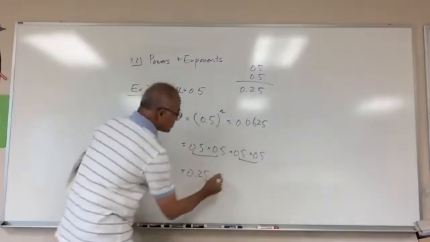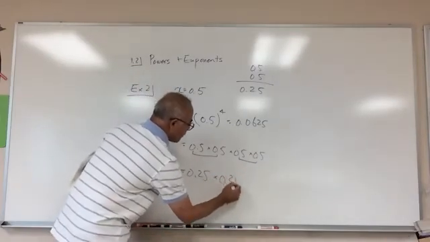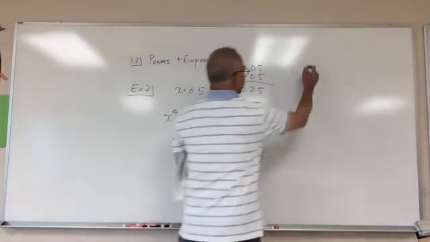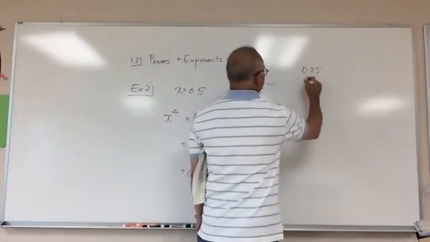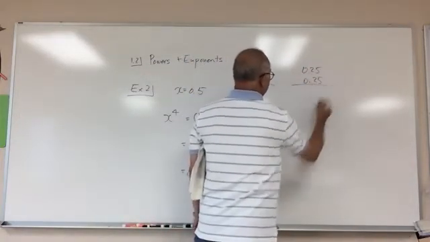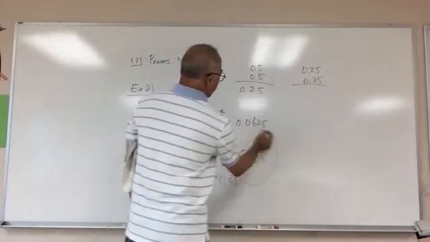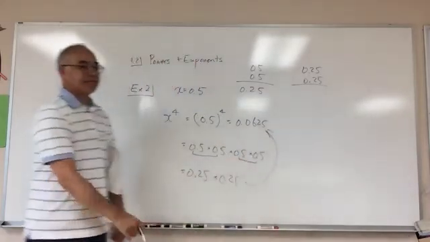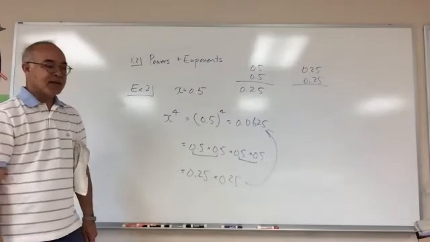This one here is also going to be 0.25. If I do this, I'm going to end up getting this. Does that make sense?